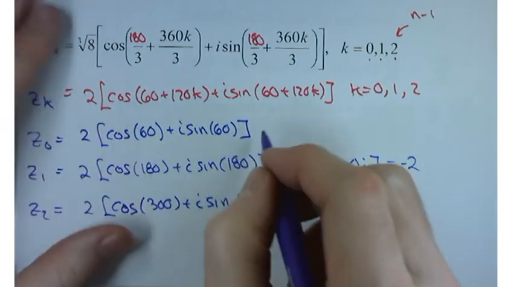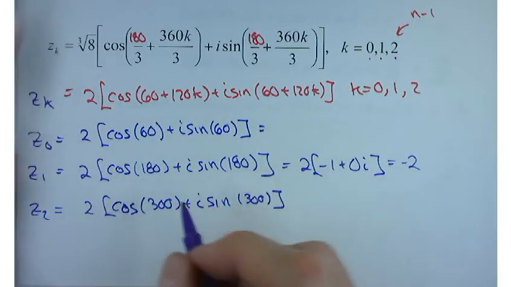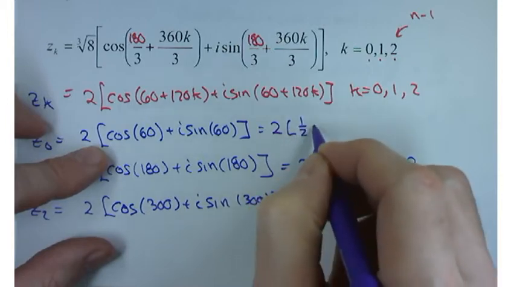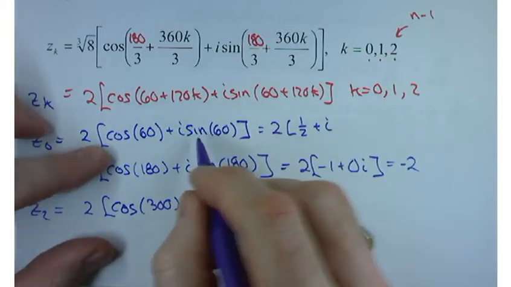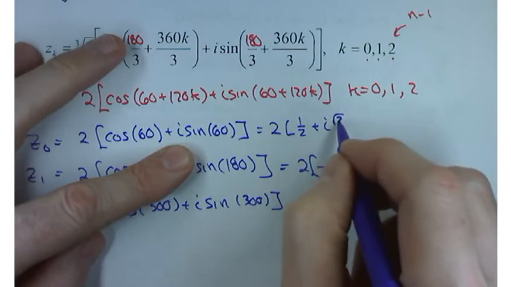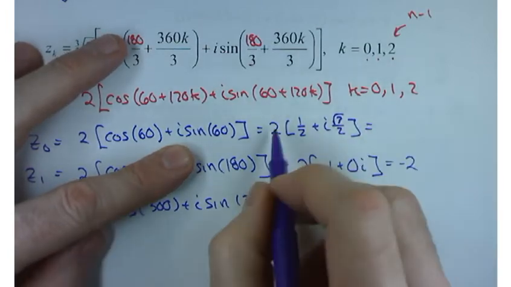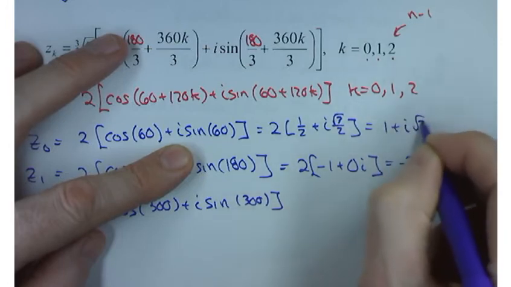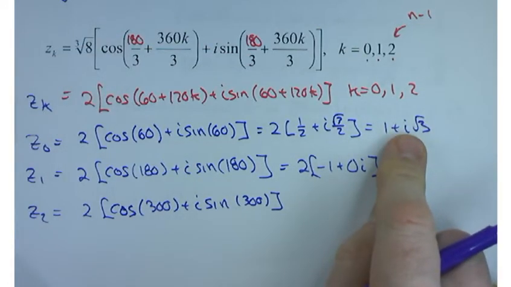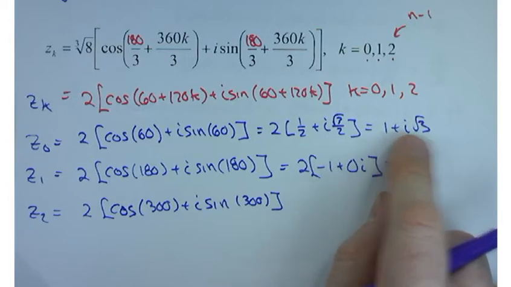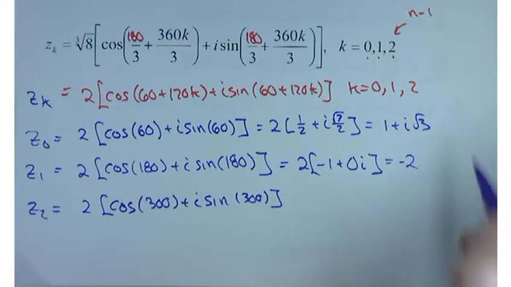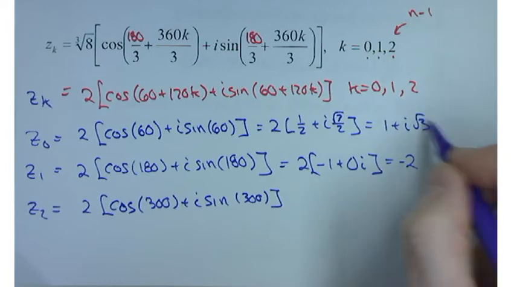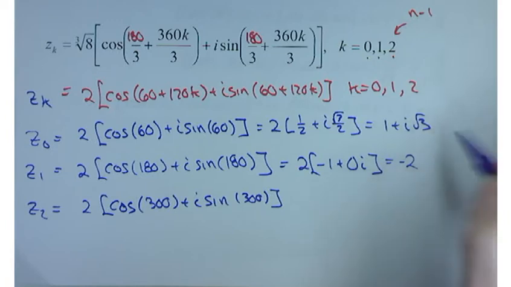The ones that would be a little harder are these two. This is going to be 2 times 1/2 plus i times the square root of 3 over 2. And when I distribute that, I get 1 plus i times the square root of 3. I normally like to write the i behind this, but if you wrote the i behind it, sometimes people get sloppy and take the square root of 3i, which is way wrong.